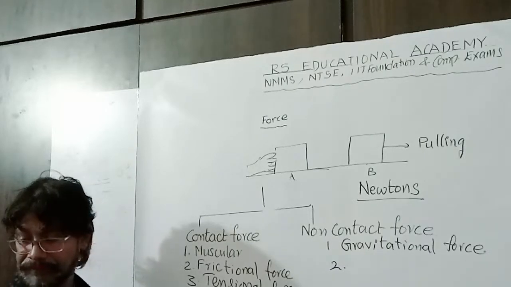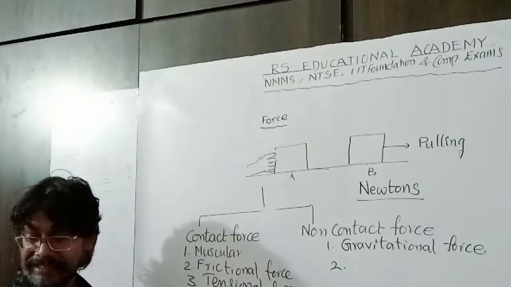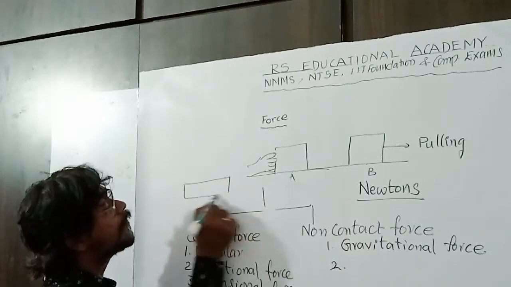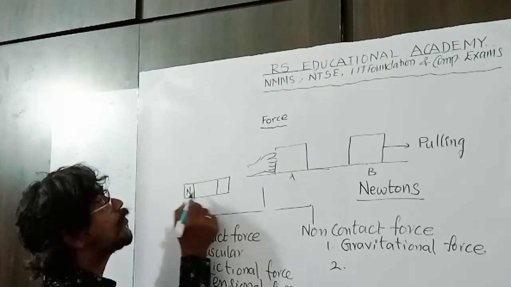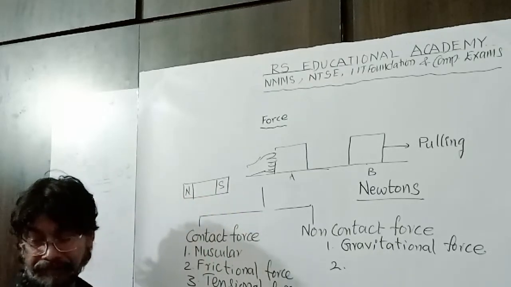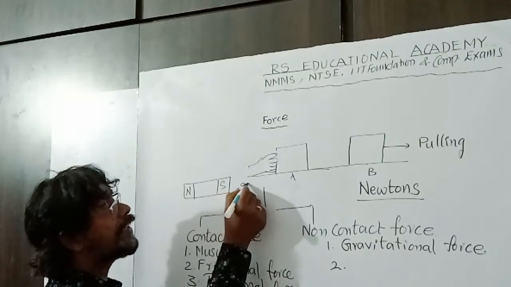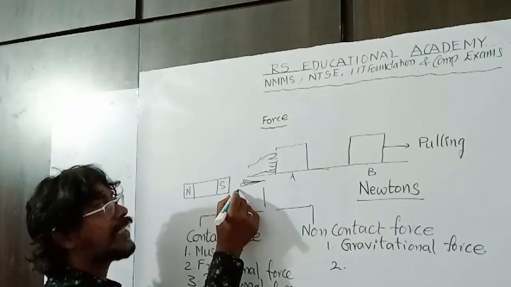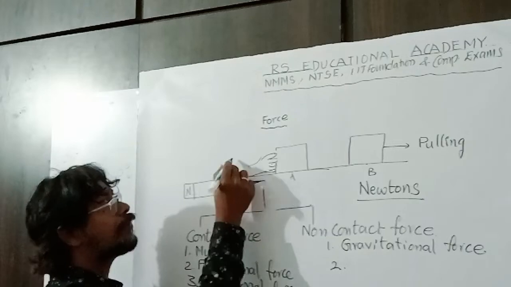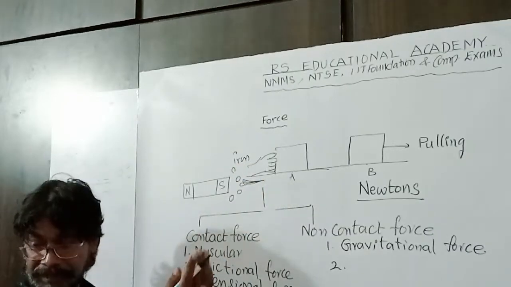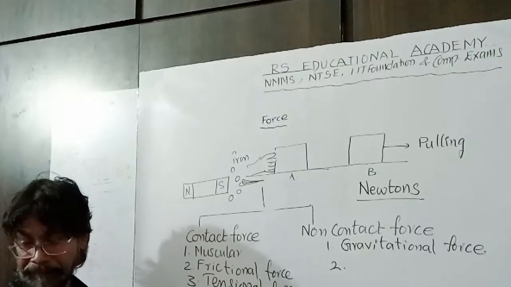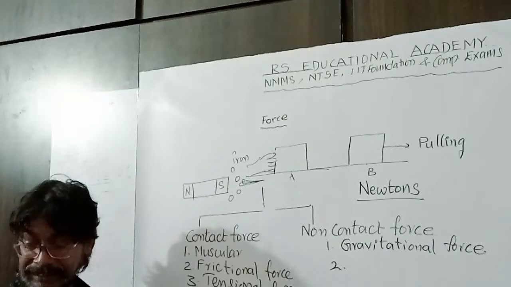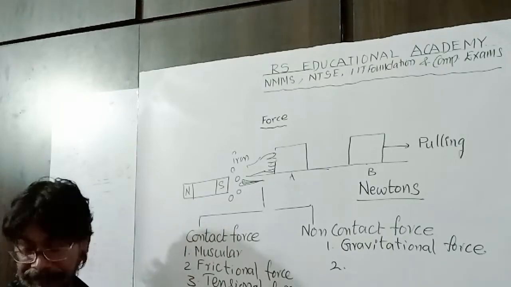Suppose you know magnets. Magnets have two poles, north pole and south pole. Suppose this is a bar magnet. If you place a pin or nail, or some iron objects here, then these are attracted by this magnet, even though it does not contact the object directly.